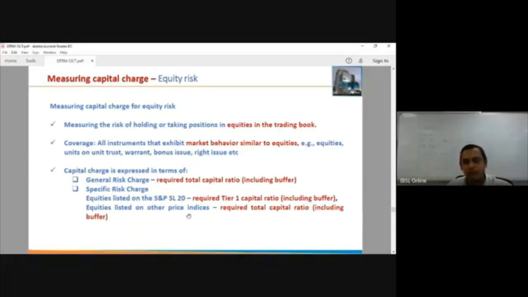For all these risk charges, the capital charge is taken by multiplying by the respective capital adequacy ratio. For general risk, this is the total capital ratio, including buffers. For specific risk, if it is listed in the S&P 20, multiply by the tier 1 capital ratio. And for other instruments, multiply by the total capital ratio.